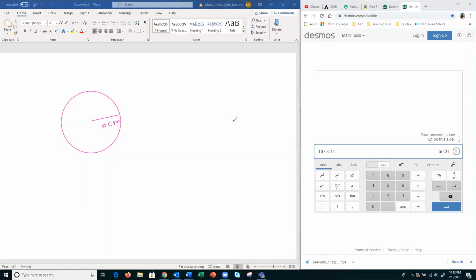And they want to know the exact circumference of a circle that has a radius of 6 centimeters. But remember, circumference is 2 pi r or 2r pi. However, it's always been written in my head 2 pi r. I'm not really sure. But it's just 2 times pi times the radius.